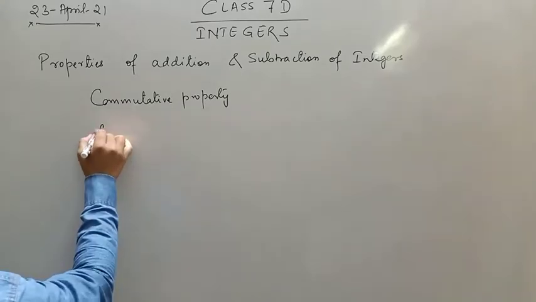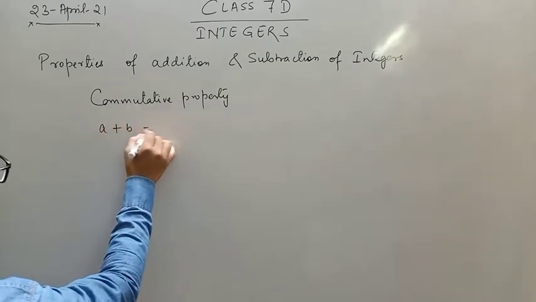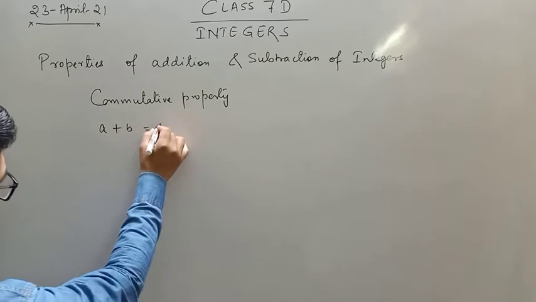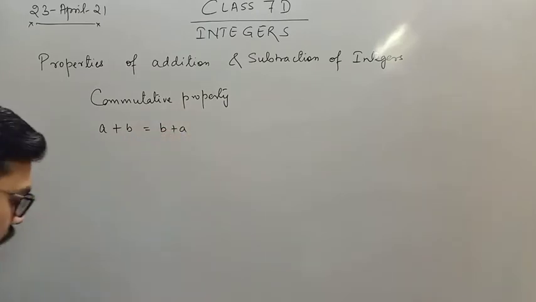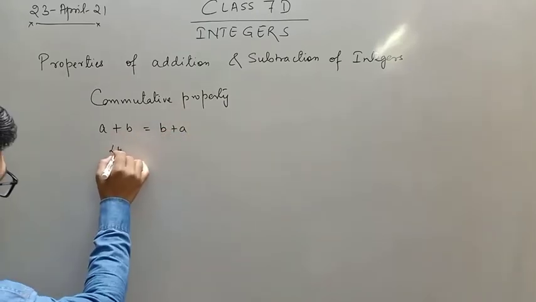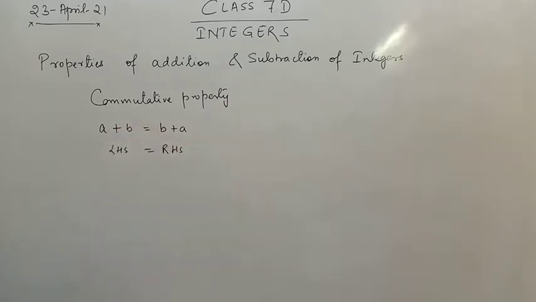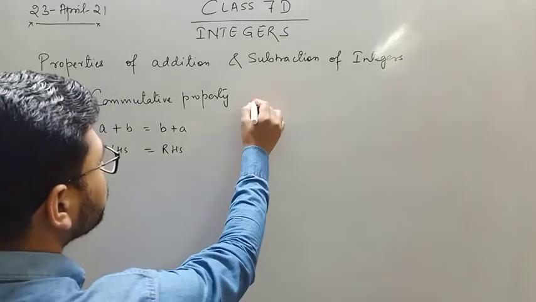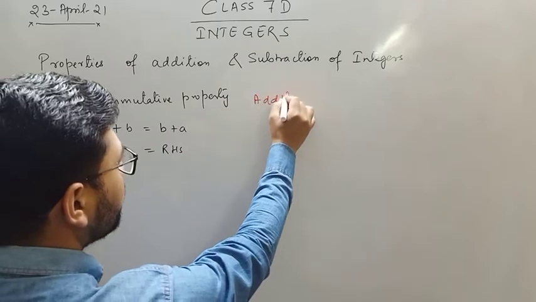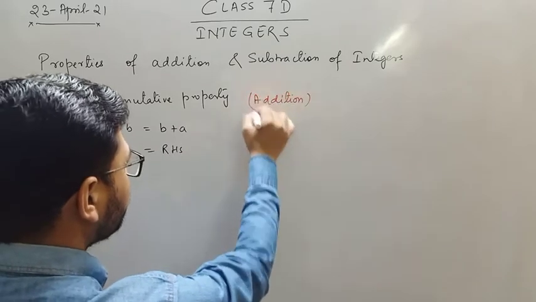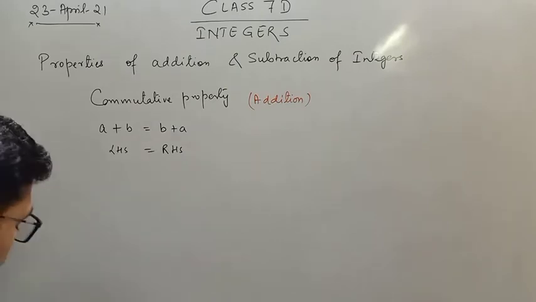Let's say I have A plus B. If I interchange the positions, B plus A, so what I'll get is LHS must be equals to RHS, then only I can say that addition is commutative. Like for example, first I'll explain you for addition of whole numbers and integers.